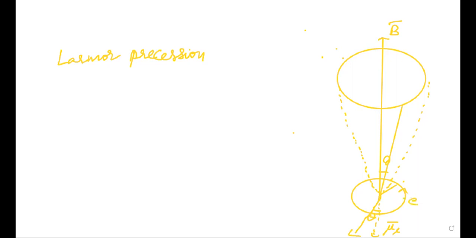Electron. A small length of this is dl bar, the angle theta, that is omega into dt.